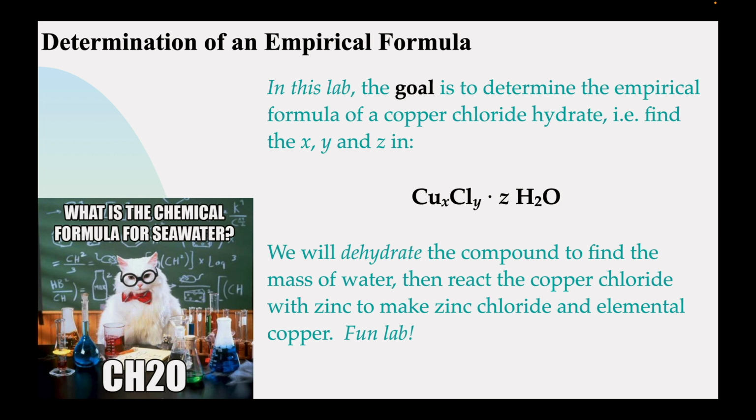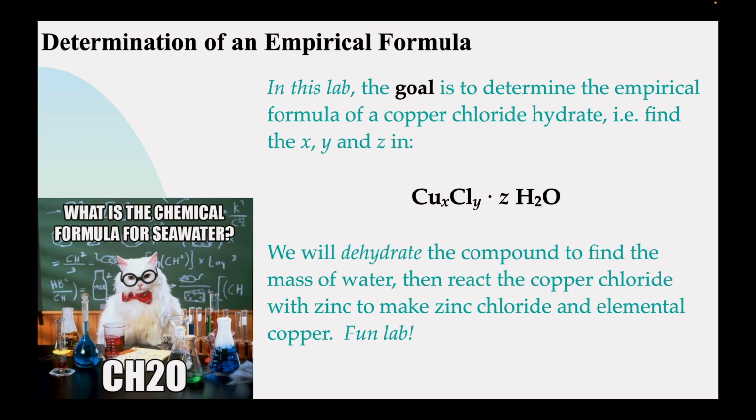Once you have the copper chloride, then we can actually add some zinc metal to it. And zinc metal reacts with the copper ions to make copper metal, which is elemental copper, copper by itself. And you'll also make some zinc chloride along the way, which by the way is ZnCl2, and you might need that for a post-lab question, hint, hint.